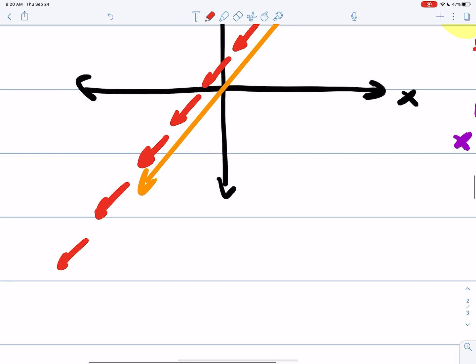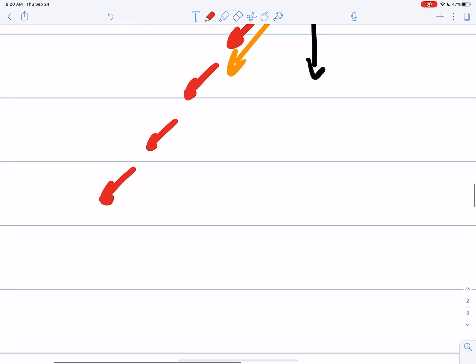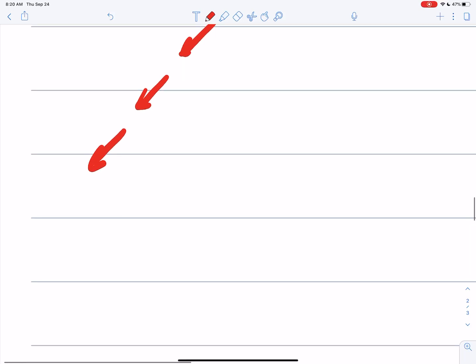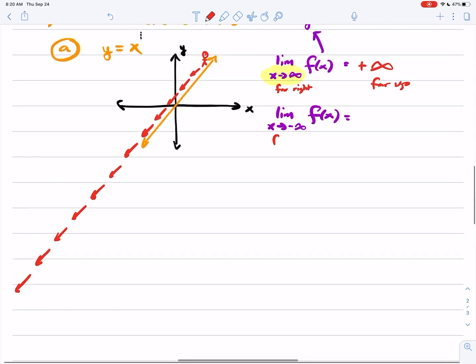At the very end, even though there is no end, it looks like the graph is going far down. So when I'm going far left, the graph is going far down. Well, far down is the same thing as negative infinity. And that's it.